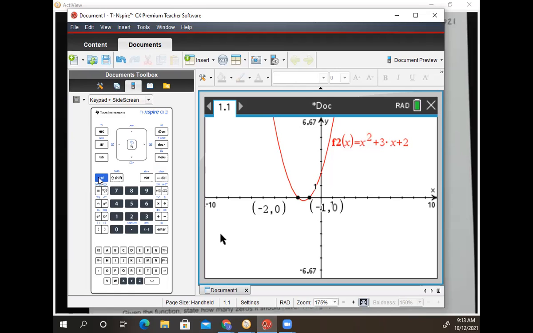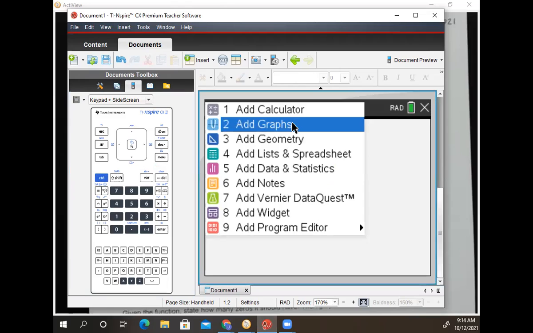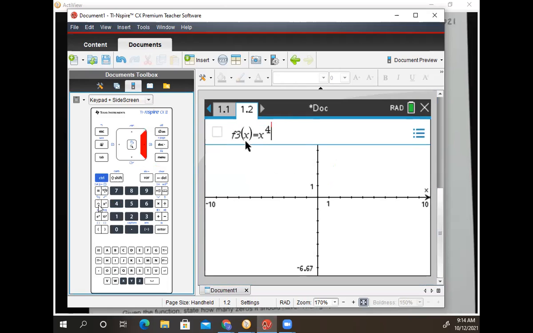And then just to kind of review the skill, I'm going to add a new page for this next one. So I'm going to do the blue control button and then dock to add a page. And I'm going to add a graph. And I'm going to graph that next function. So this would be x to the 4th. I have to use the caret key. Don't forget to arrow out of that.